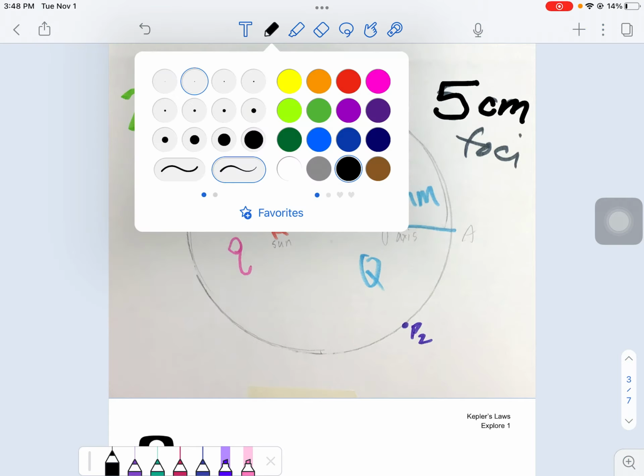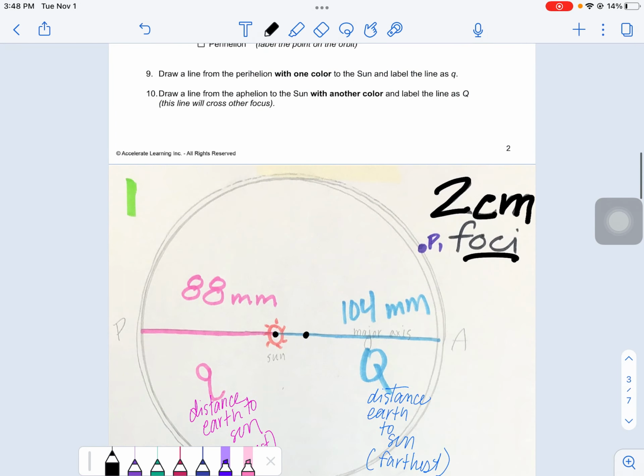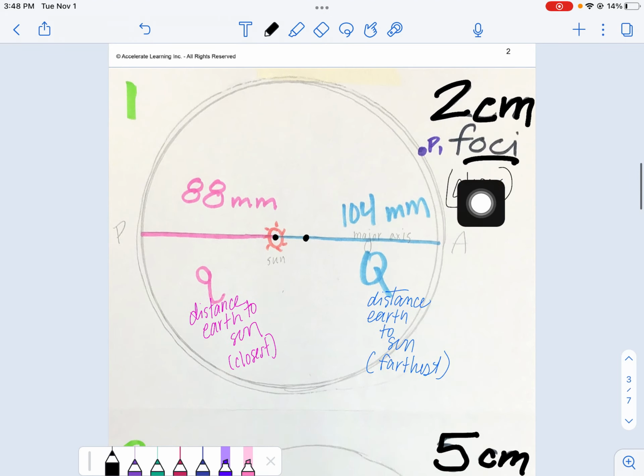So this bottom one has a larger foci distance, or further apart, while this one has a smaller foci distance. So we want to know, how does the distance between those 2 points impact our perihelion and aphelion distances?